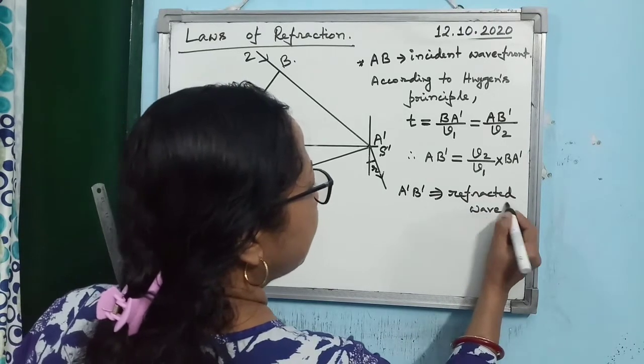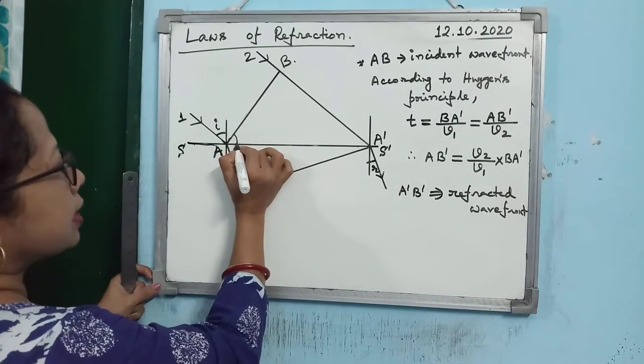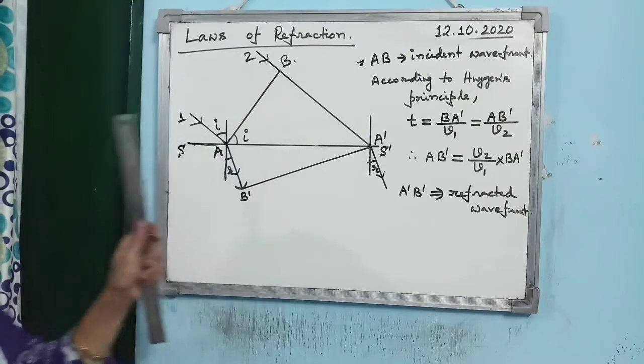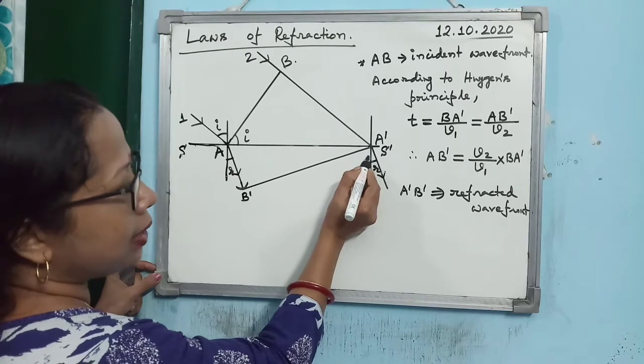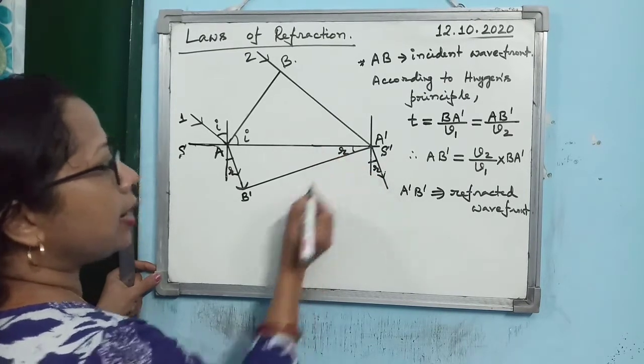Another point is that you have to show the angle of incidence. So this is I with respect to the wavefront, and if you consider this is R, then this is 90 minus R. So what will be this angle? This angle will be R.